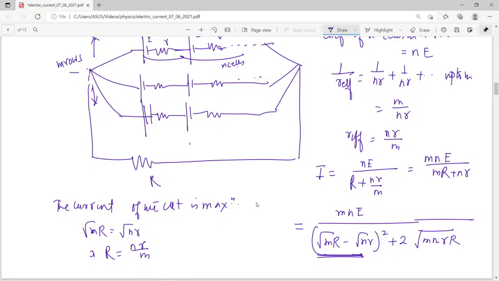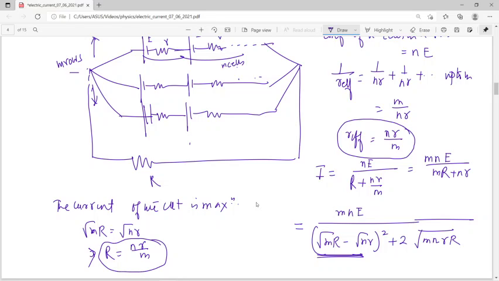So what we find, in order to set the maximum current in the circuit, the mixed grouping of cells must be done in such a way that the external resistance should be equal to the effective internal resistance of all the cells. That's nothing but R effective, which is nR by m.